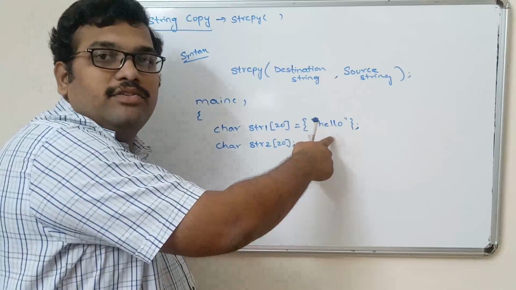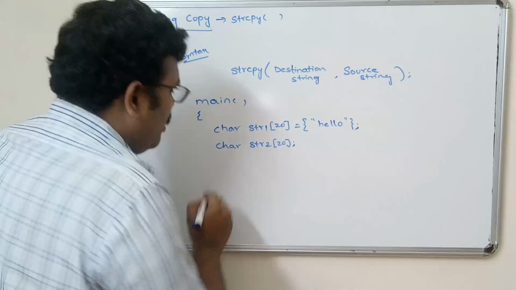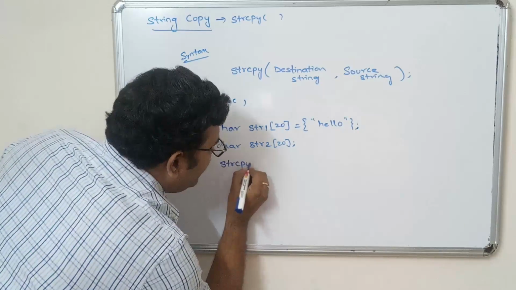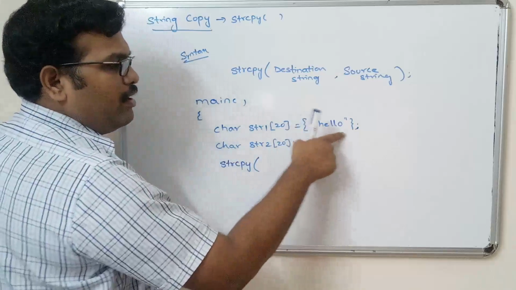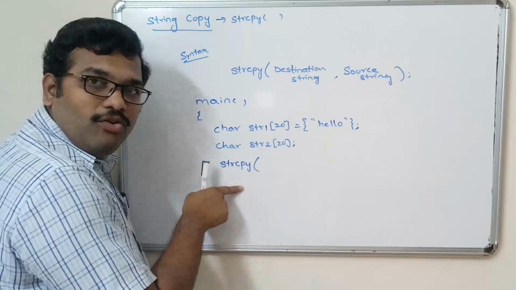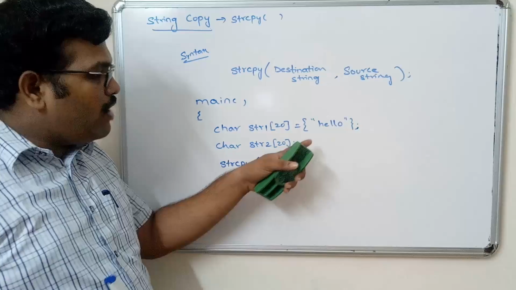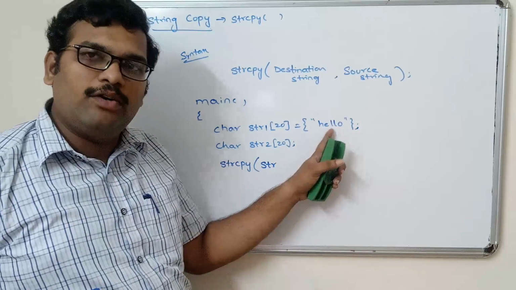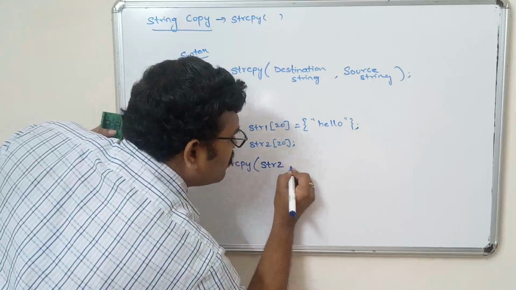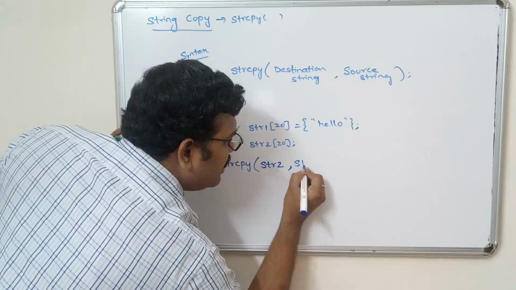One is assigned to some string, and the second one is an empty string. Now I have to copy the content of string 1 to string 2. So strcpy, that is string copy, write the destination. Where we have to copy the string, from string 1 to string 2. So the destination is string 2. So str2, comma, and from where we have to copy the data, that is str1.